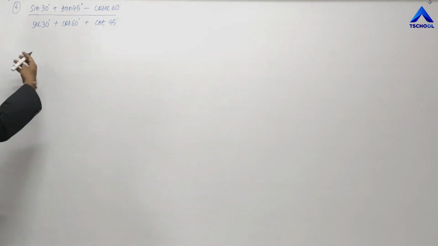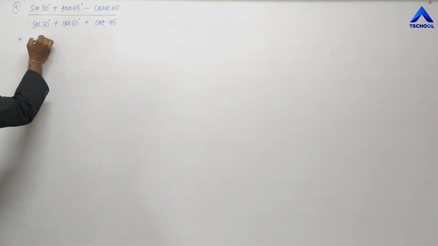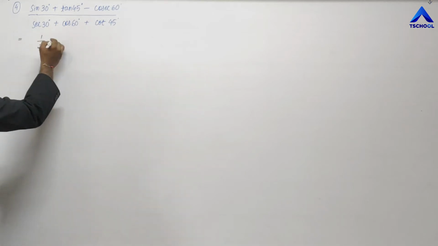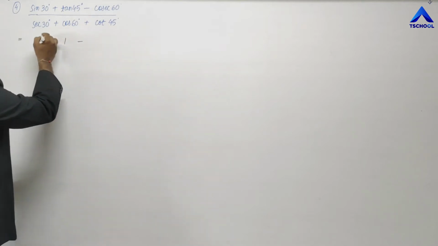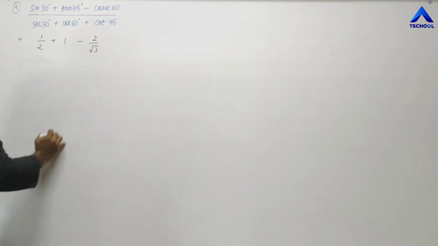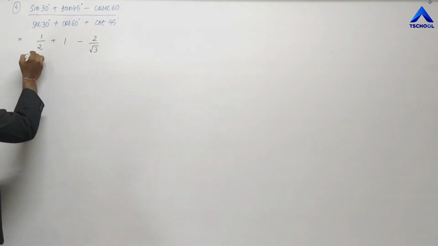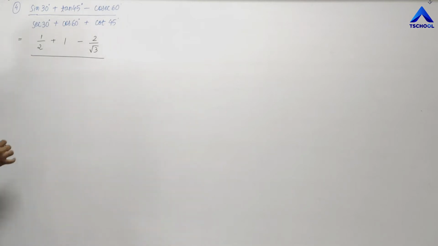Let us put down the values quickly so that here I get sin 30, that is 1 by 2, plus tan 45 is 1, minus cosec 60, that is 2 by root 3. Is it clear? Whole divided by sec 30. So what is sec 30?